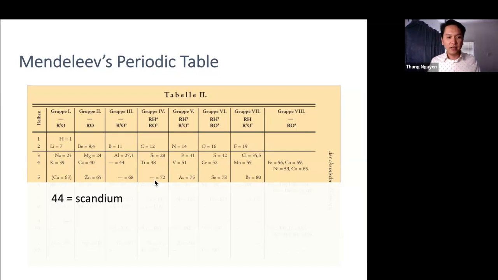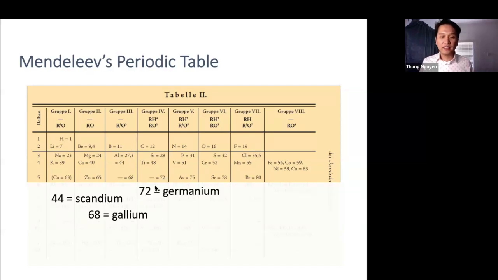And indeed, they were discovered as such. So this element at 44 mass units is called scandium. This element here at 68 is gallium, and both of these behave very much like aluminum, it turns out. And this element here at 72 is germanium, and indeed it reacts very much like silicon.